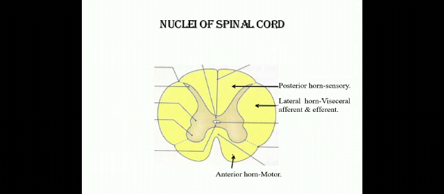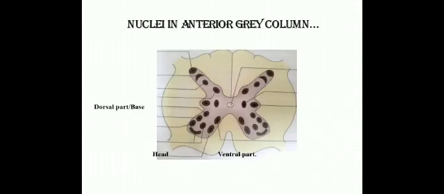So, in each column there will be an arrangement of different nuclei. Nuclei in the anterior grey column: the anterior grey horn is divided into the ventral part, the head, and the dorsal part, the base. Here we can observe the distribution of the nuclei on the ventral aspect, dorsal aspect, and in the central aspect.